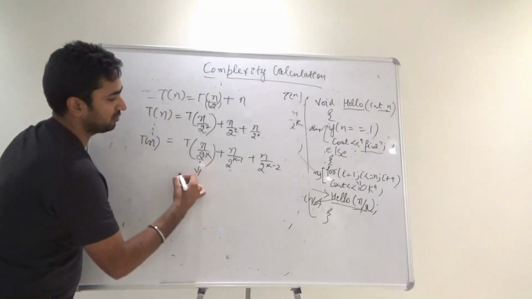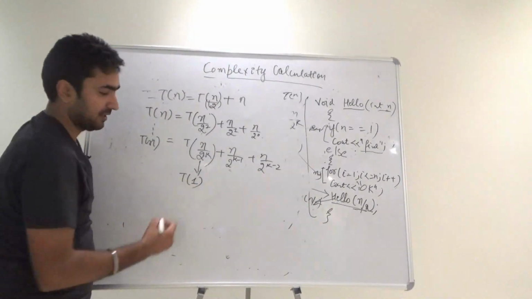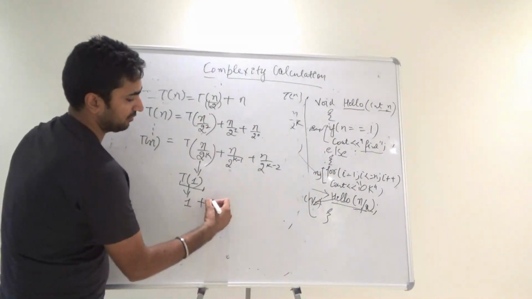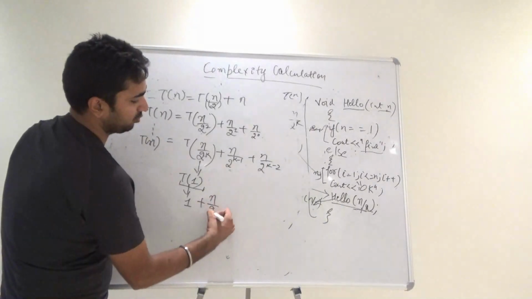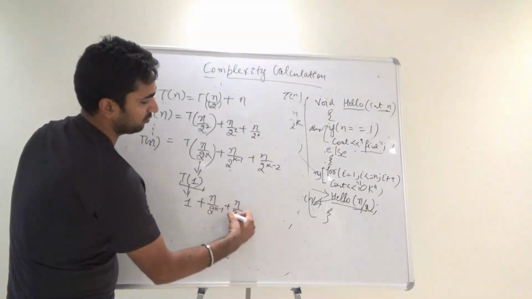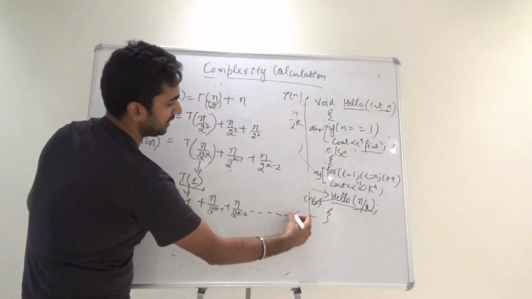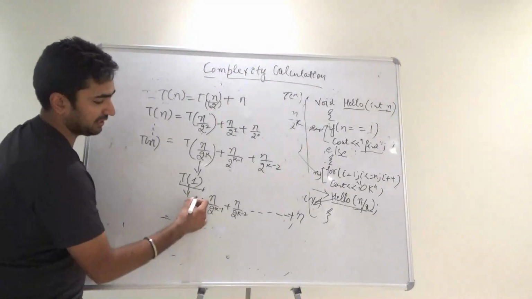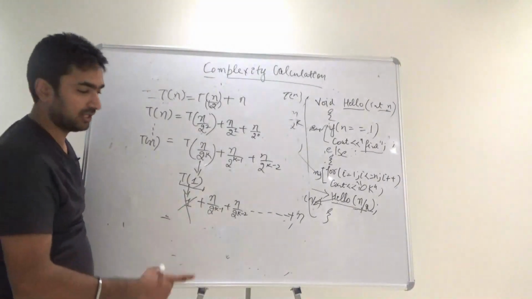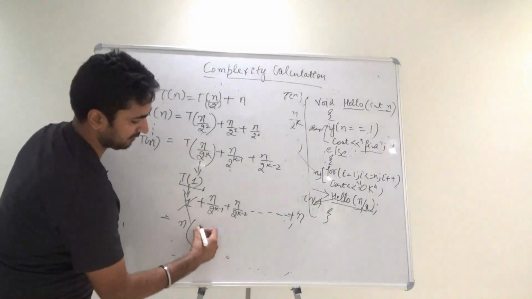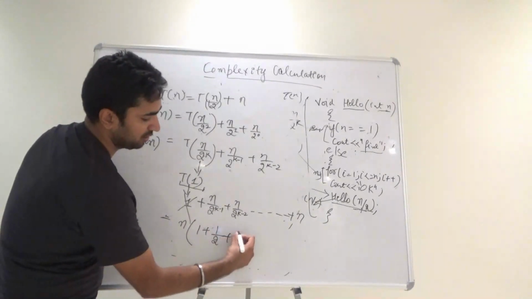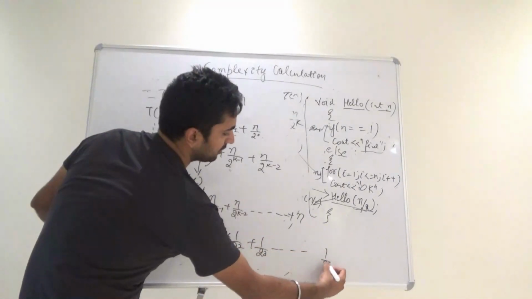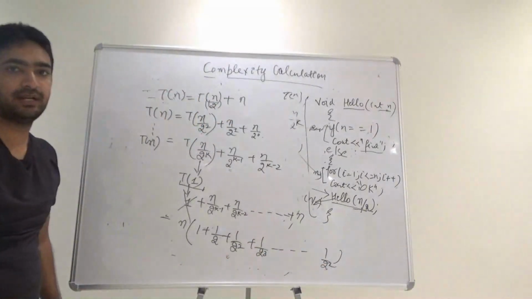So this entire thing has to be understood very properly, and this is going to stop somewhere. I assume it is going to stop when this value becomes 1, and if this value becomes 1, it is going to run for one time, and we are going to calculate n by 2 to the k minus 1 plus n by 2 to the k minus 2, so many values till n. Guys, this 1 is always going to be negligible, I am not counting it. I am taking n common, and putting this answer 1 by 2 plus 1 by 2 square plus 1 by 2 cube, up to 2 raised to power k, right.